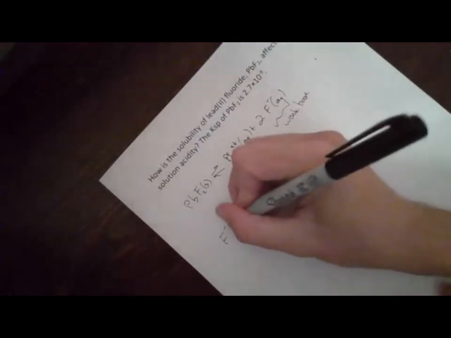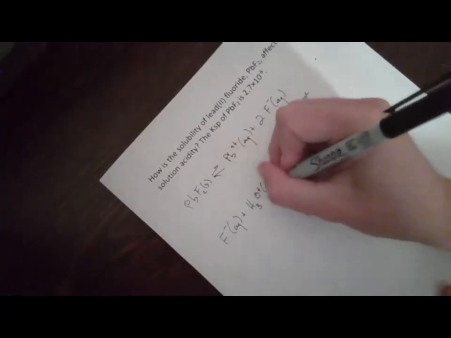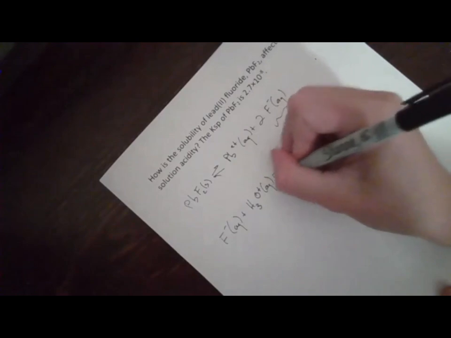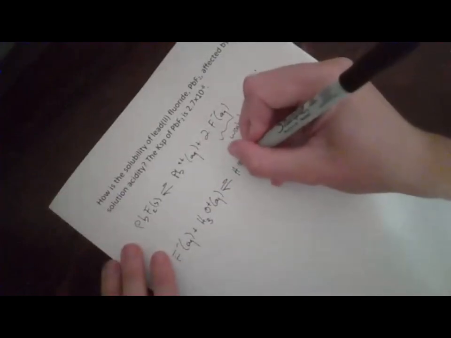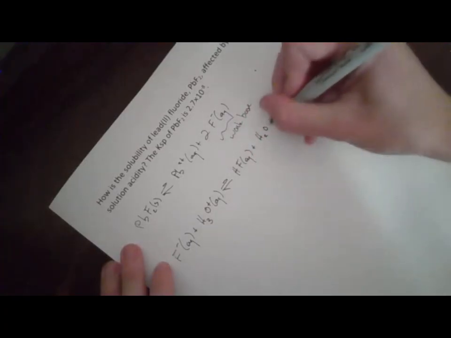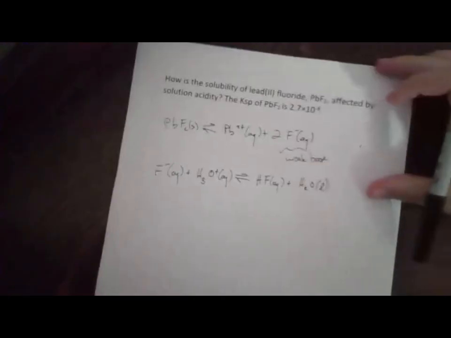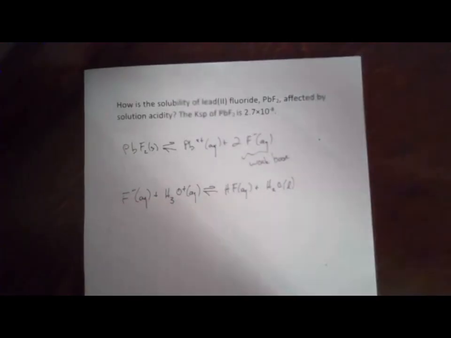So what can happen is the fluoride could react with some hydronium that's dissolved in solution. And this would just be a Brønsted-Lowry acid-base reaction. So we can predict it'd be HF plus water. So if we dissolve, we'll make lead and fluoride ions, and the fluoride would be able to react with any hydroniums that are present in solution.